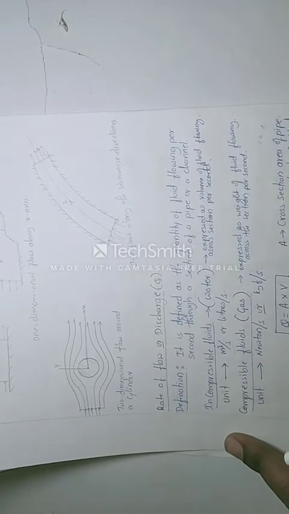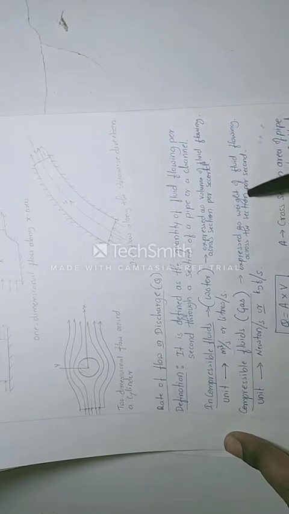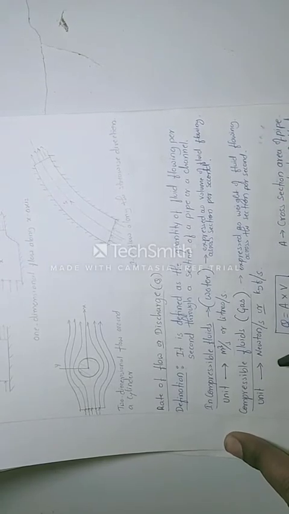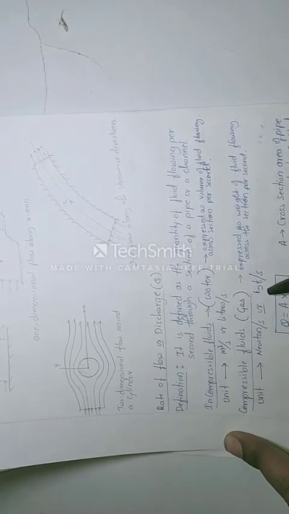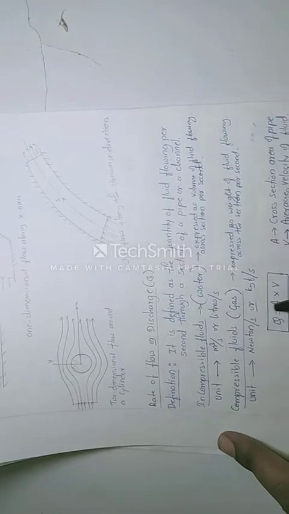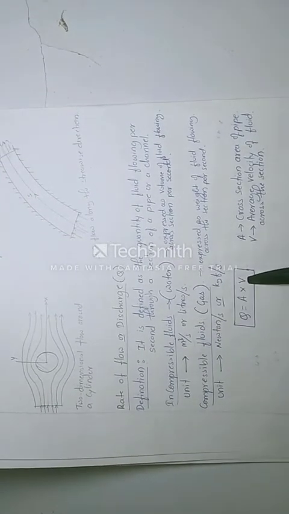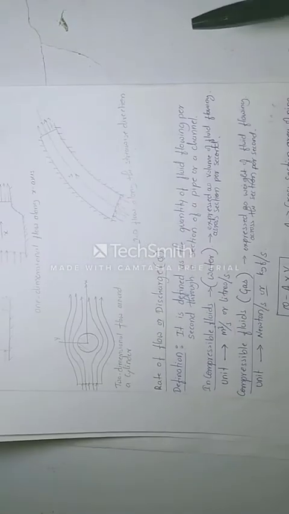If you are considering a gas, the discharge is expressed as the weight of fluid flowing across the section per second, and the unit is newtons per second or kg per second. We denote discharge with the symbol Q, which is equal to the cross-section area A times the velocity of the fluid across the cross section.